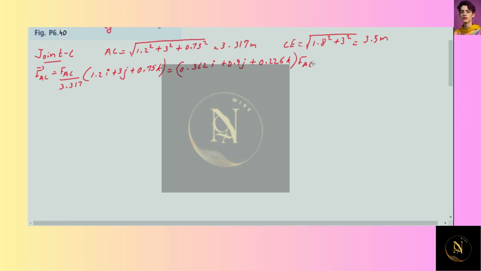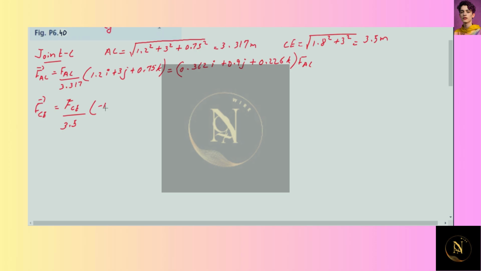Now let's find the vector FCE. Vector FCE will be magnitude of FCE divided by magnitude of CE, that is 3.5, into vector CE.